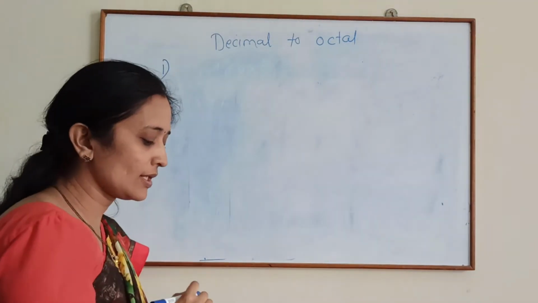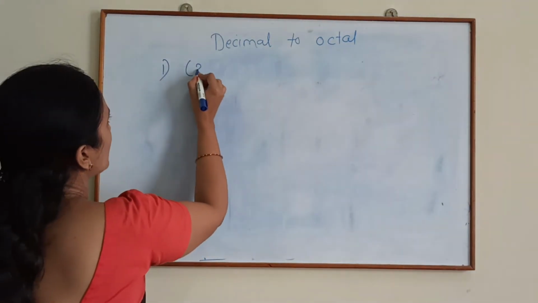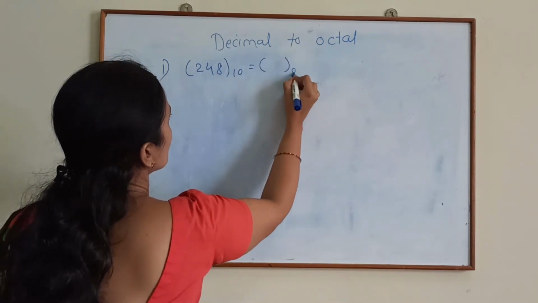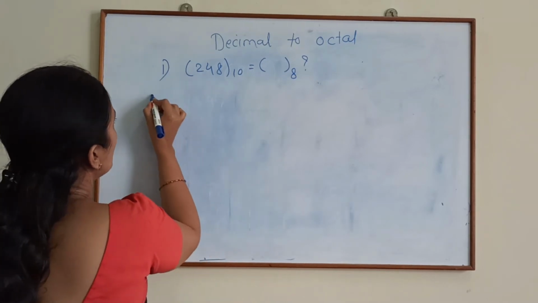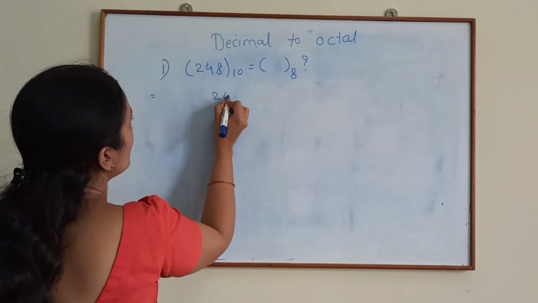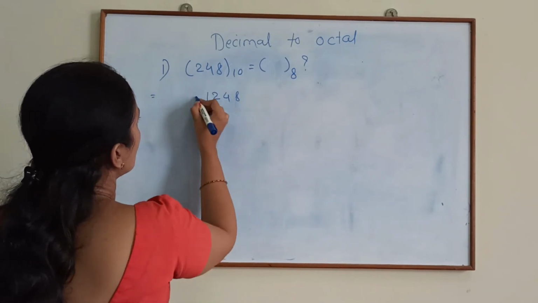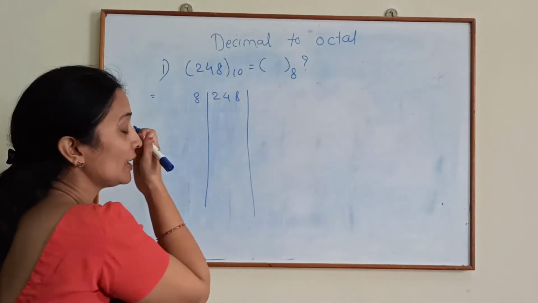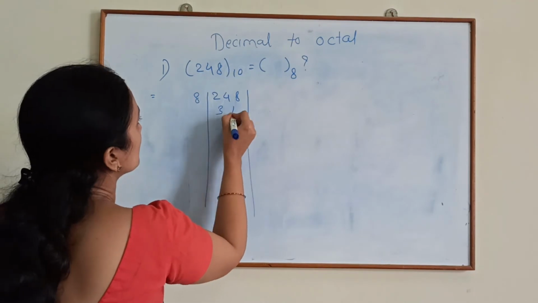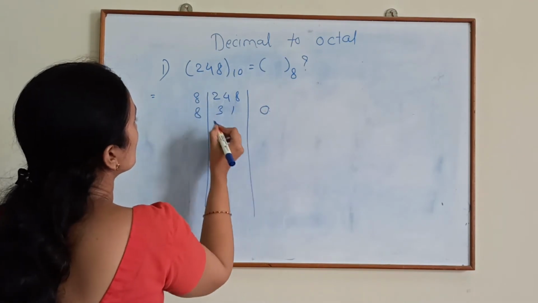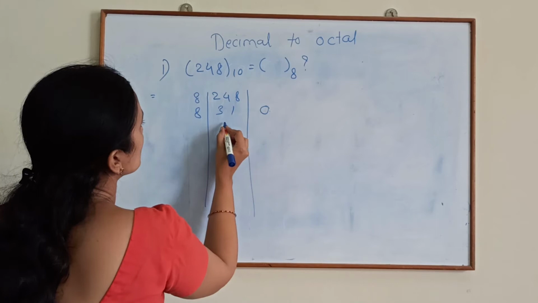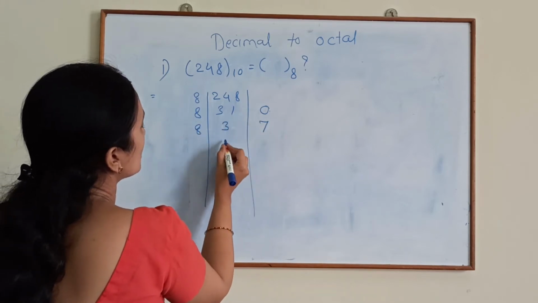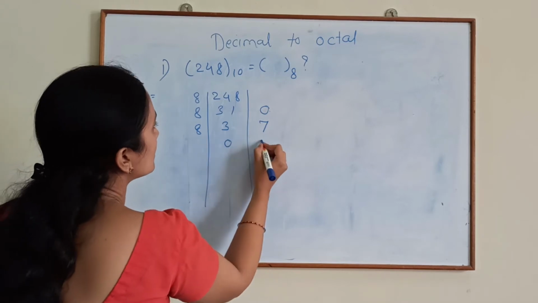Example we will take. First example, 248. This is the decimal number and we have to convert this into octal. Same procedure. Take down that number 248 and divide it by 8. And write the remainders here. Remainder is 0. Remainder is 7. Remainder is 3.